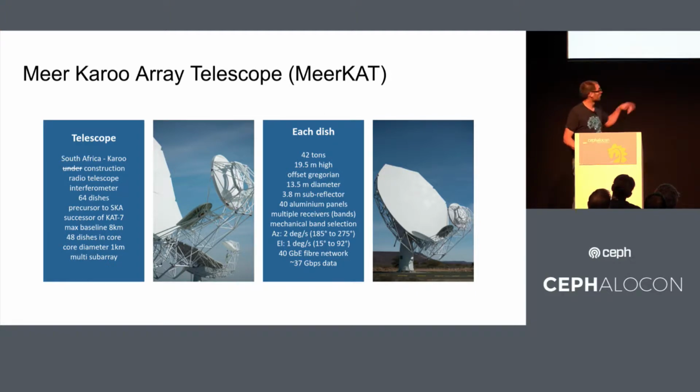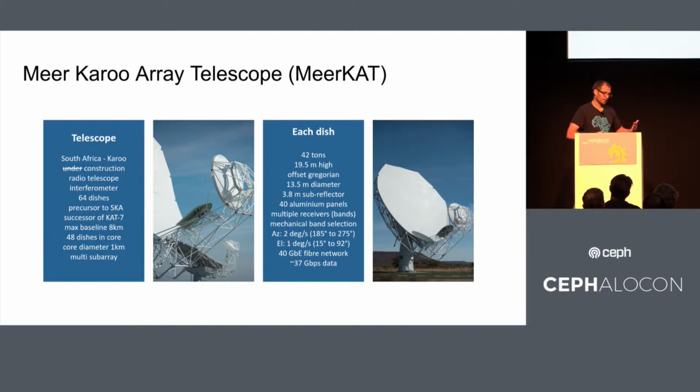Just some stats. I'm not going to talk about the stats of each dish. Those are just little interesting snippets that people always want to know. MeerKAT is a precursor to the Square Kilometre Array. Many people in the science community are probably still following that.